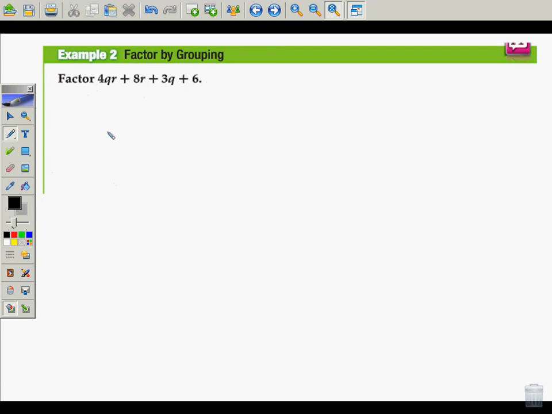Very few people do. So I'm going to group them: 4qr plus 8r plus 3q plus 6. I'm grouping them this way, and I can see here I have a GCF of 4r because for 4 and 8, the GCF is 4.